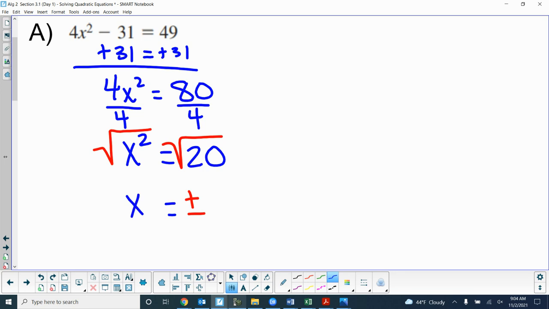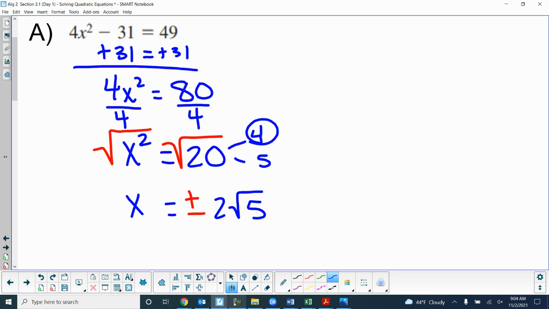The square root of something squared is itself, right? And let's simplify 20, just like we did last night. What's the answer in simplest radical form? 2 radical 5. There's a positive 2 radical 5 and a negative 2 radical 5. There are 2 answers.